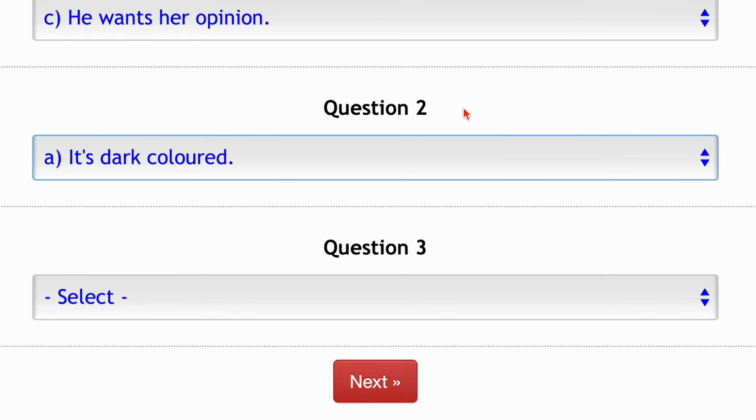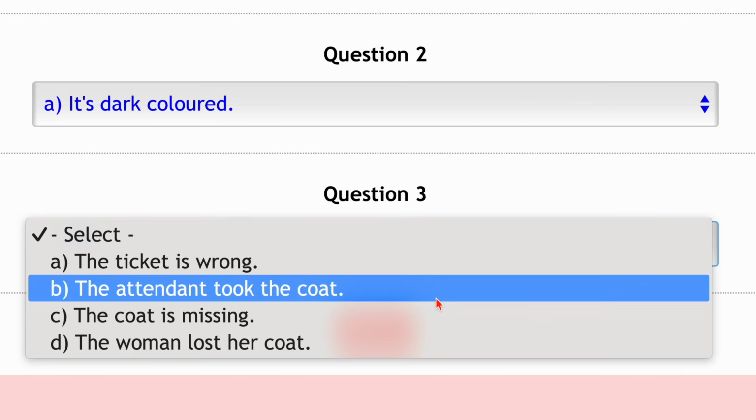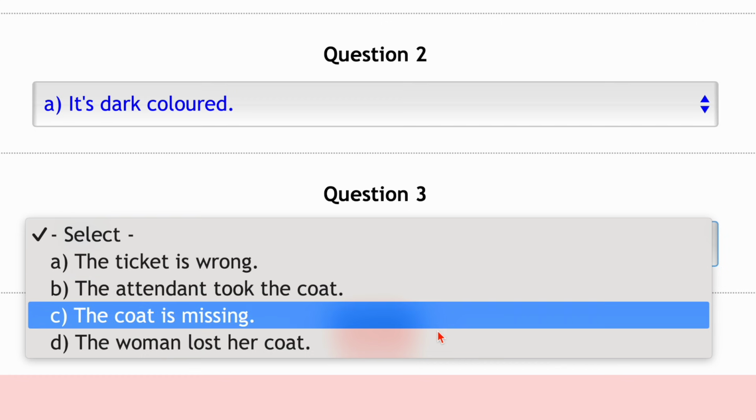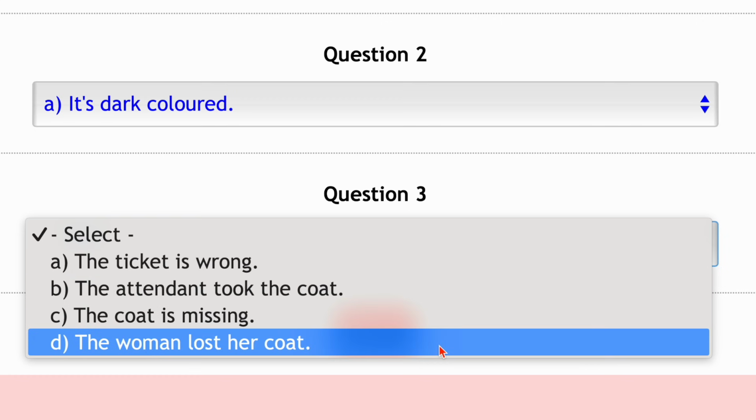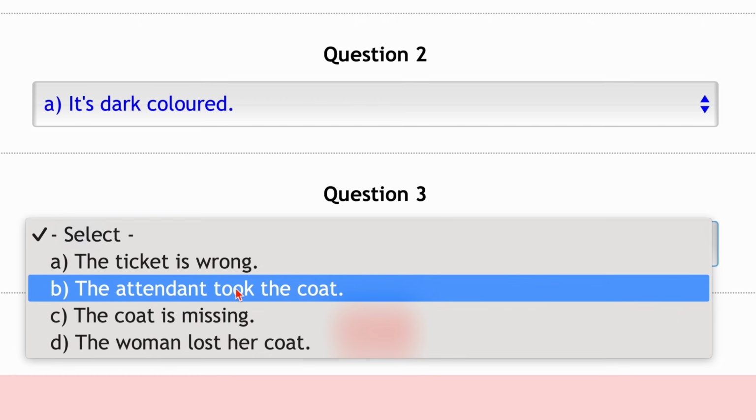Okay. The ticket is wrong. The attendant took the coat. The coat is missing. The woman lost her coat. Well, the woman didn't lose it, but maybe the coat check did. The coat is missing. Sounds correct. The attendant took the coat.